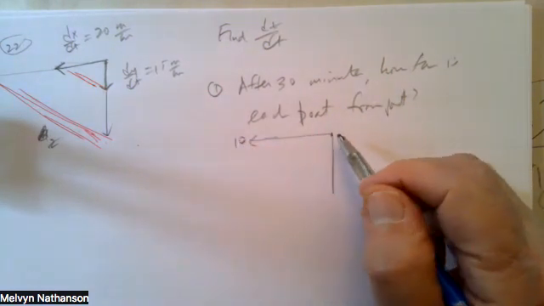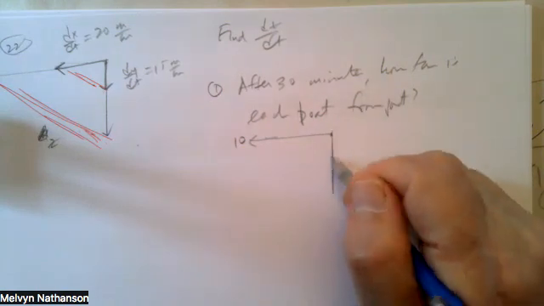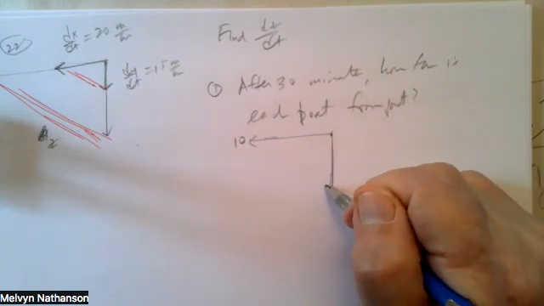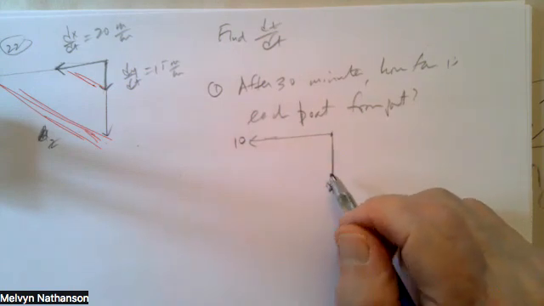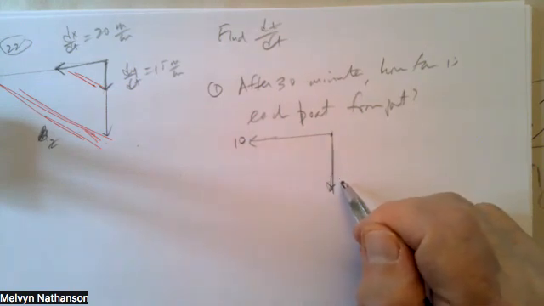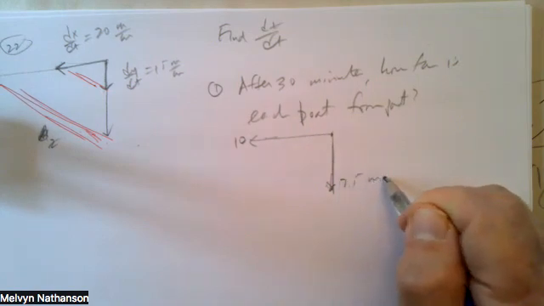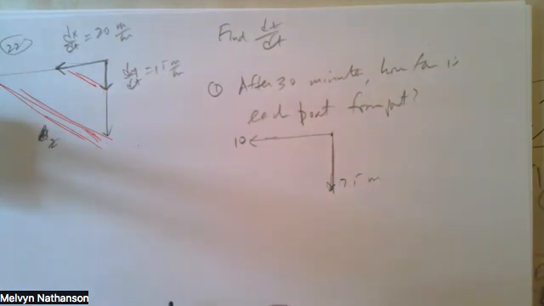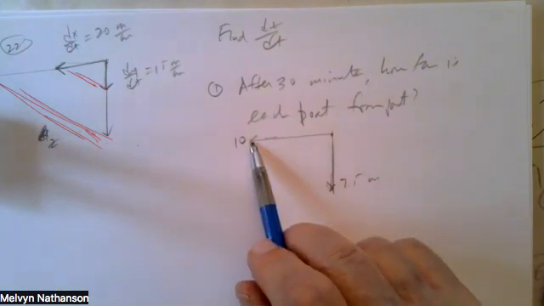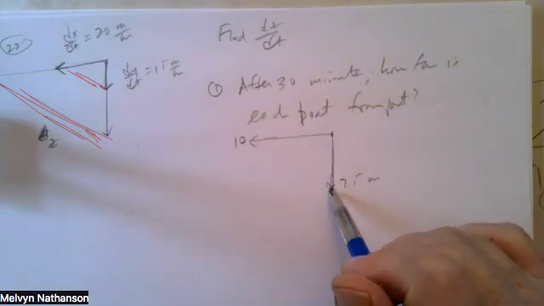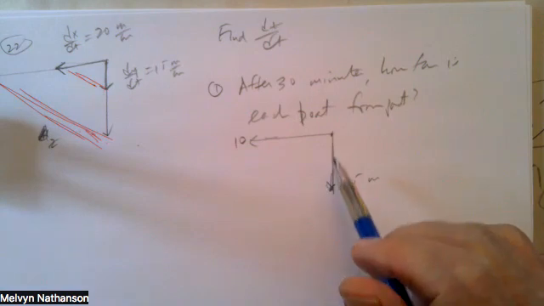If the second boat is traveling south at 15 miles an hour, after 30 minutes, it's traveled half that distance, 7.5 miles. So after 30 minutes, the first boat is 10 miles west of the port. The second boat is 7.5 miles south of the port.